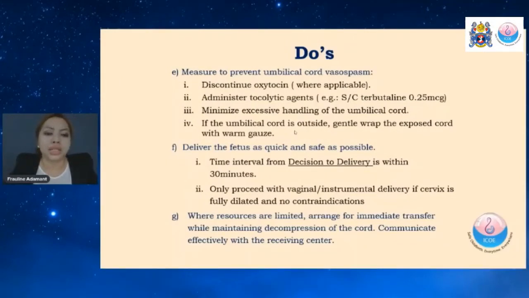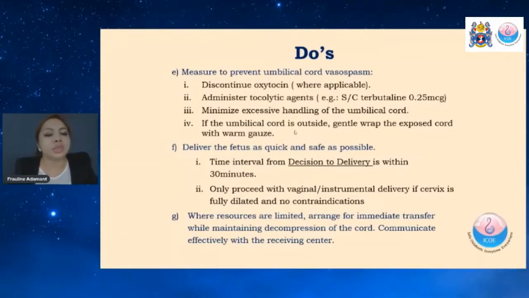You can give tocolytic agents such as subcutaneous terbutaline, 0.25 microgram. Try to minimize excessive handling of the umbilical cord, and if the cord is outside, gently wrap the exposed cord with warm gauze, and deliver the fetus as quickly and as safely as possible.